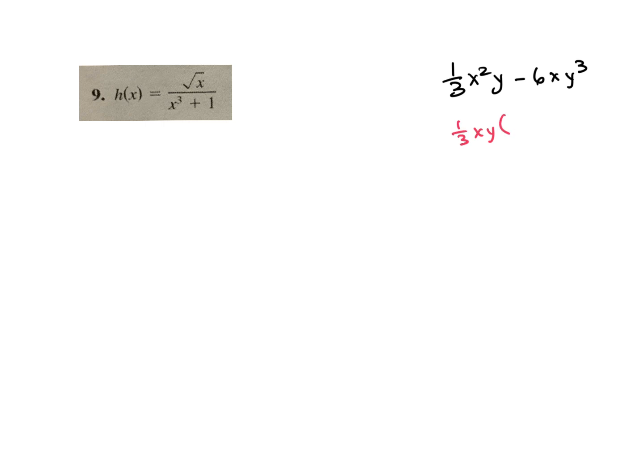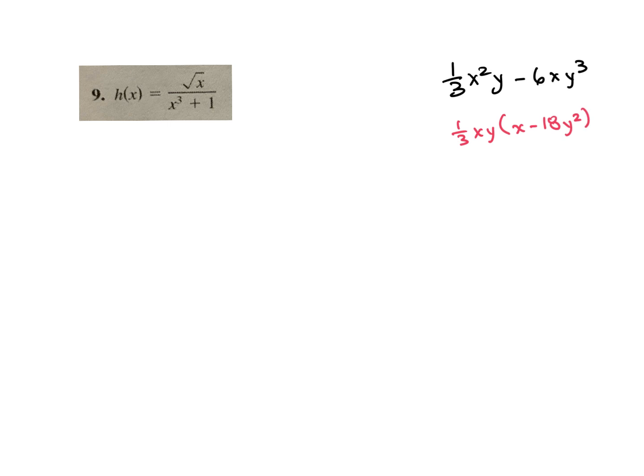And then what am I left with? An x. And then minus, then what? 2. It's not 2, sorry. It's negative. I took out a 1/3 from a 6. What if I took out a 1/3 from a 1? Then it would be how many? 3. So if I took out a 1/3 from a 6, that's actually how much? That's 18. And then if I factor out a y from a y cubed, I'd have what?